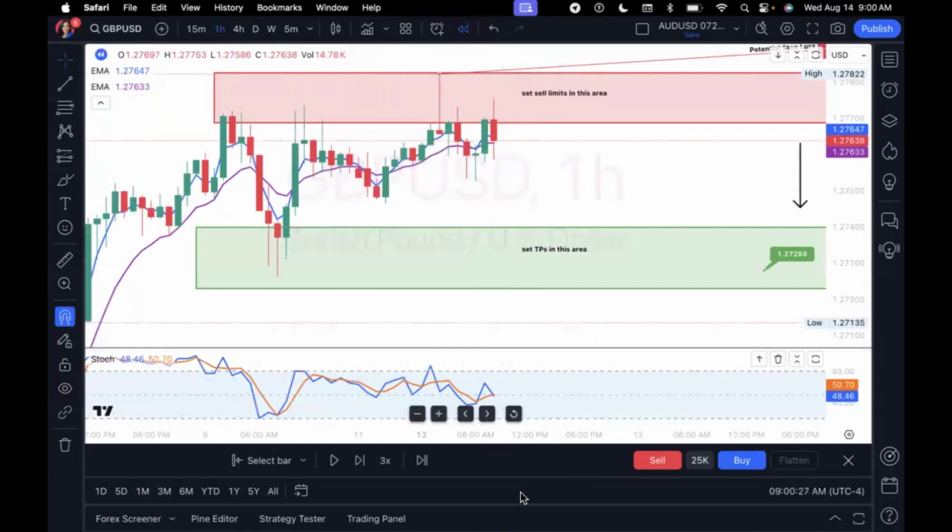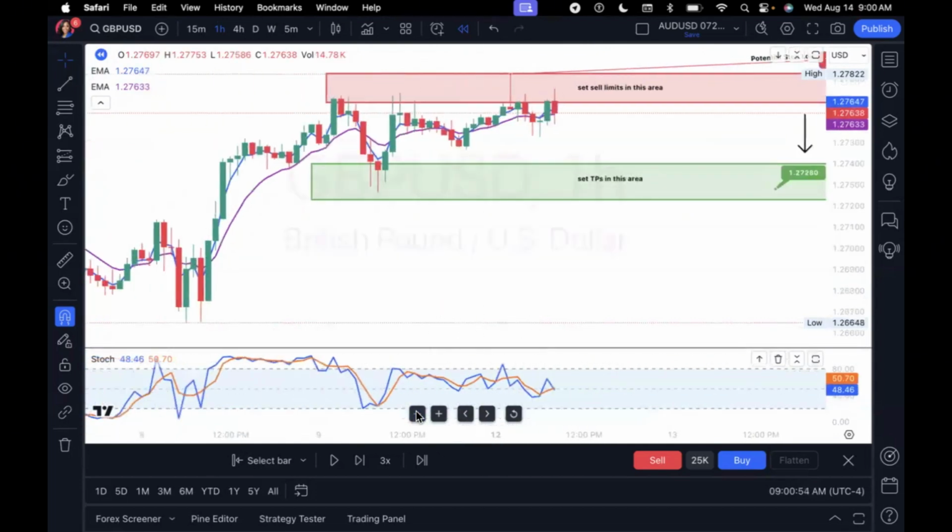Now, when I come down and look at the stochastic, I want to see that the stochastic is facing down. If this were to confirm a selling trend, I would love to see that my orange or slow line is above my blue line, and I would also love to see both lines below 50. As far as the stochastic facing down, we can see one line is facing down and one line is facing up, so there's not really a clear signal as to if the market is going to buy or sell.